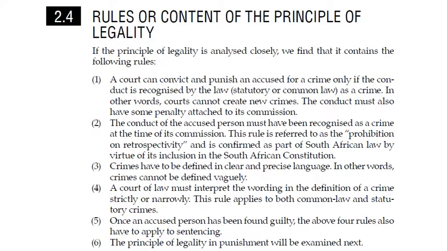In our question here, the person behaves inappropriately in public. The conduct is not defined in clear and precise language. Actually, the conduct is unclear or vague. It further says that a court of law must interpret the wording in the definition of the crime strictly or narrowly, which means that the conduct must be explained.